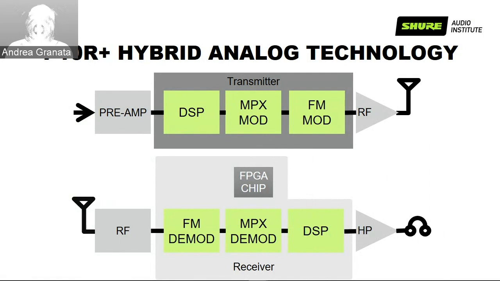This integration of digital and analog is for the time being the state of the art in regards of in-ear monitor. How it's going to be in the future, I don't know.